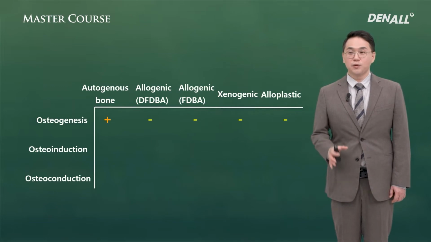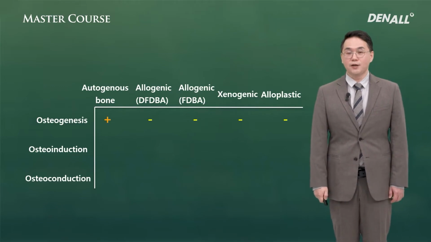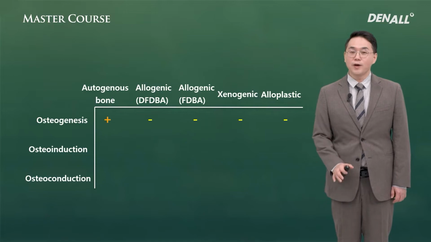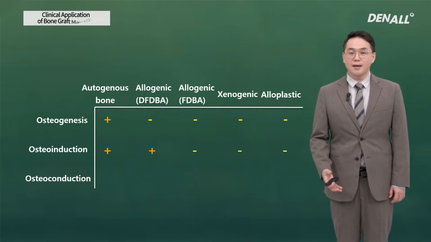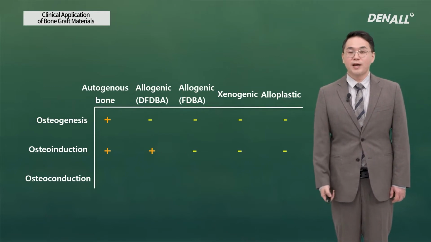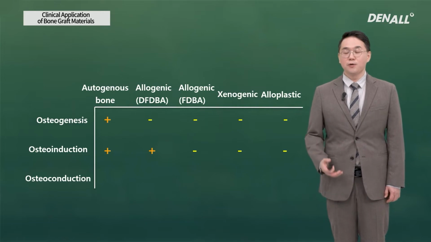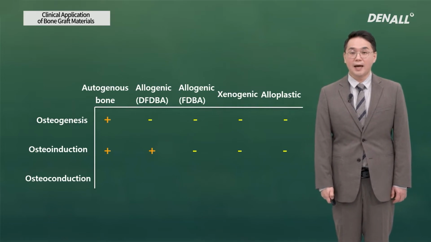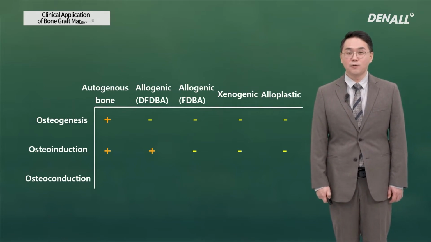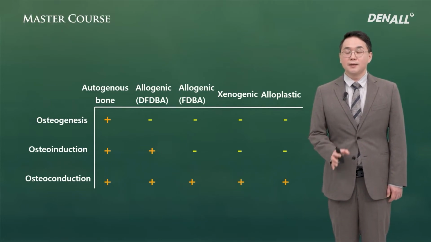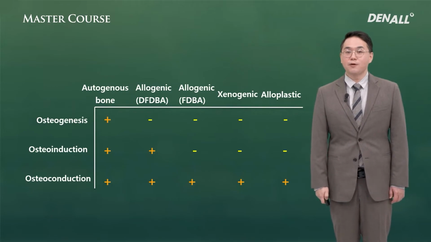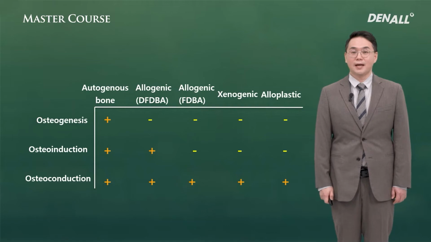This is the bone regeneration pattern we can expect from cancellous bone containing autogenous bone graft material, that is, iliac bone graft. The mechanism of osteoinduction is to differentiate mesenchymal stem cells into osteoblasts, like the BMP previously mentioned. DFDBA contains a lot of BMP, so with that, osteoinduction can be anticipated.